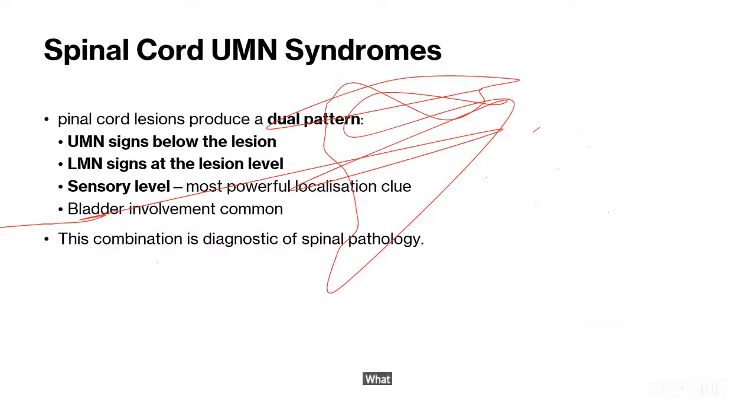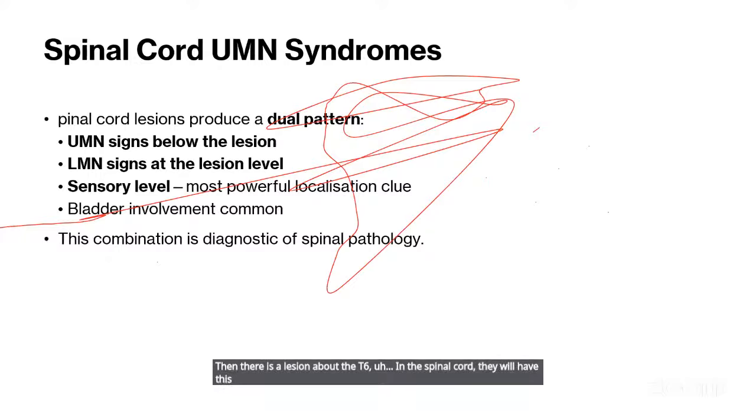What is autonomic dysreflexia? Can you tell? When there is a lesion above T6 in the spinal cord, they will have this.